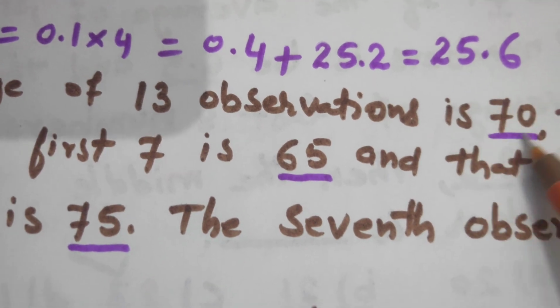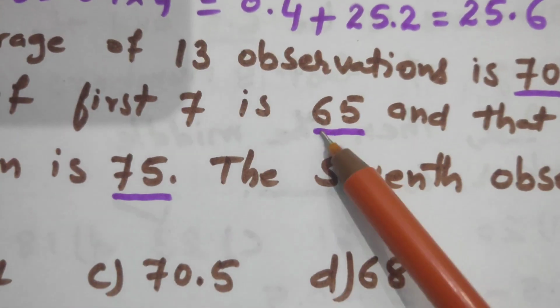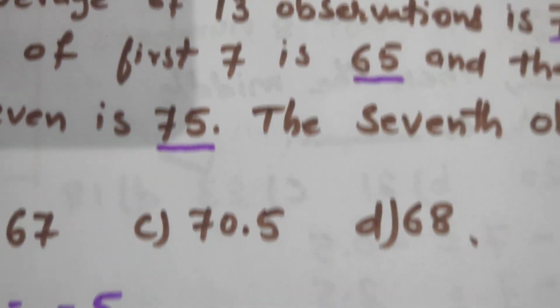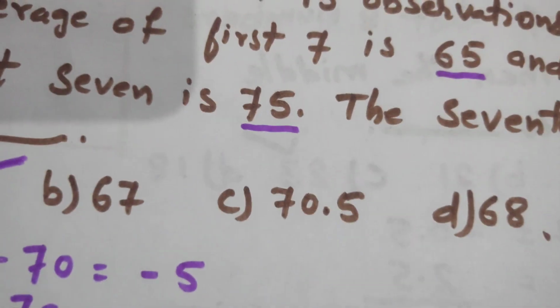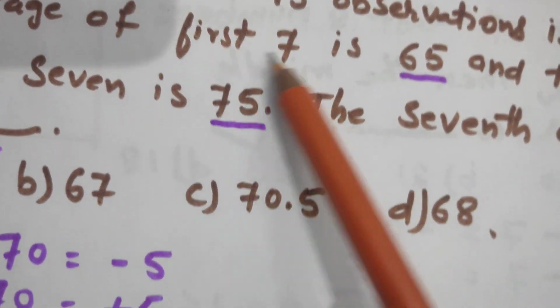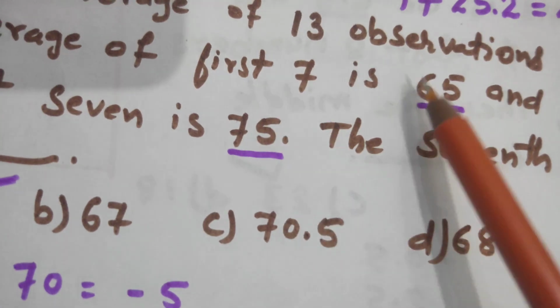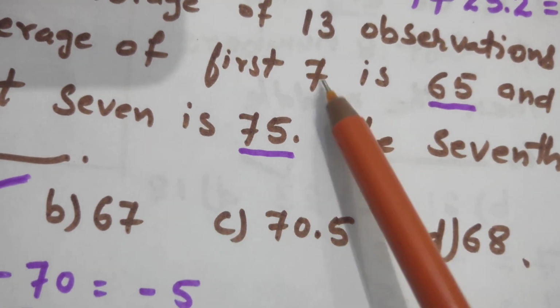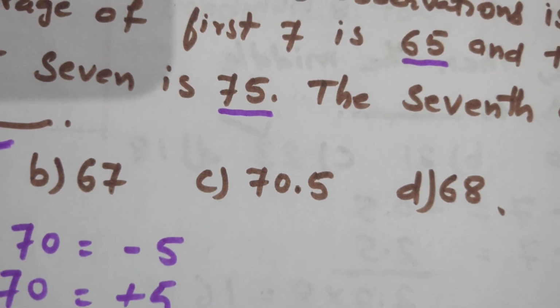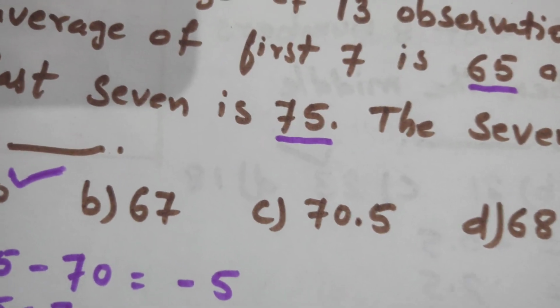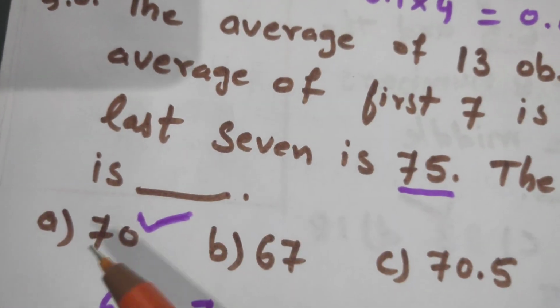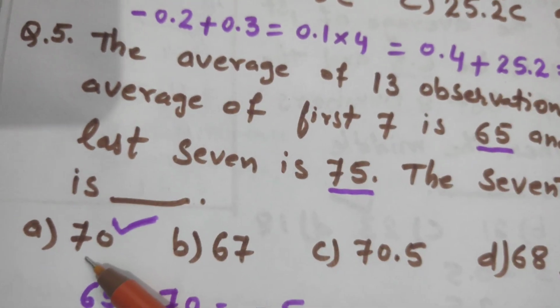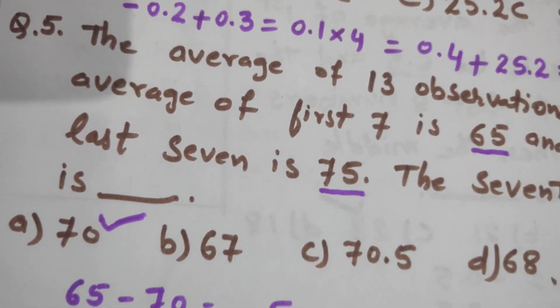Both times the total is subtracted, and whatever deviation or difference we get is multiplied with the number of observations which are taken into account. Like here 7, so 0 into 7 will be 0 only, so no change, that's why it will become 70 only. Thank you and have a nice day.